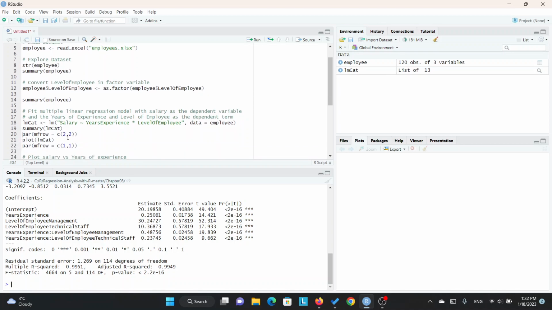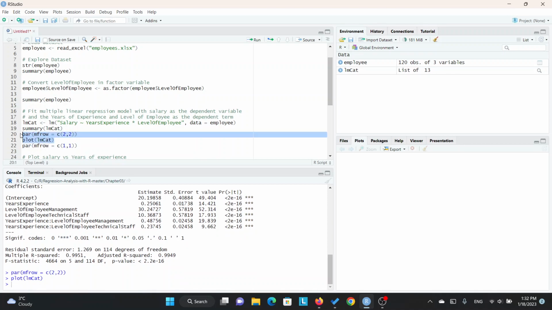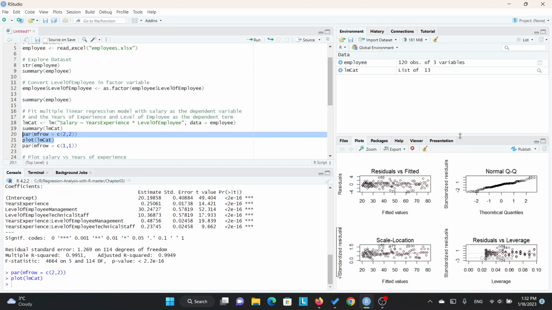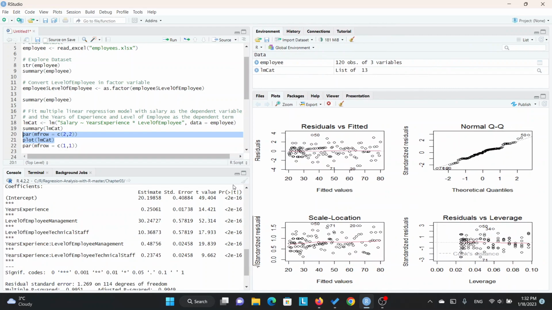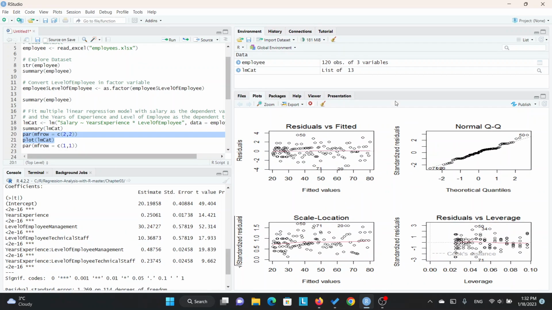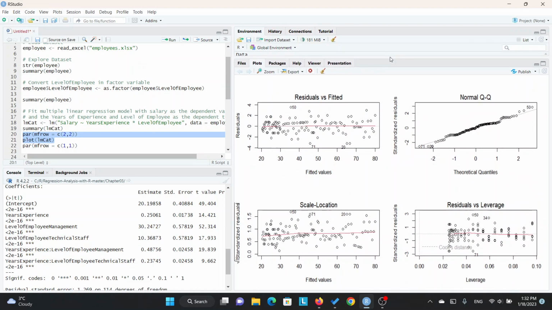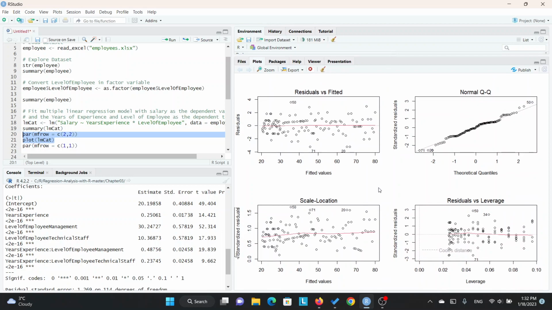Let's look at the residual plots to again confirm the goodness of fit of our model. As you can see, the residual plots look very normal, very good.